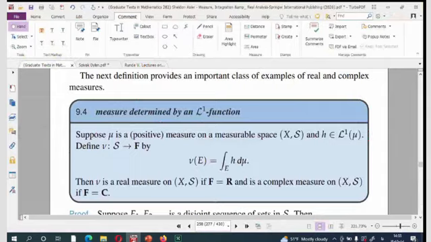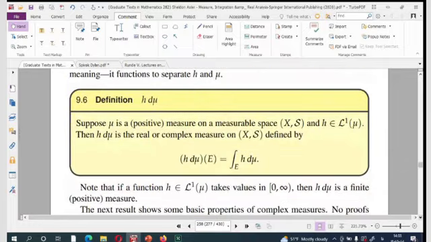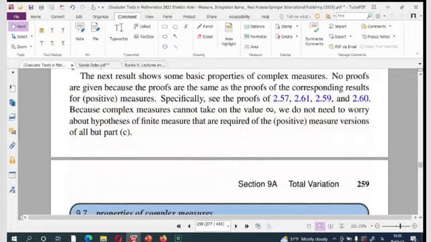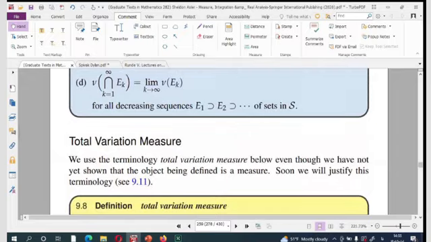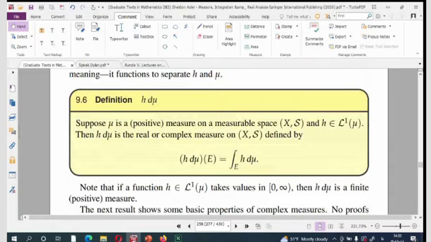So we have this nice proposition: for any positive measure we can construct a real or complex measure. Let me express the definition of h d mu.